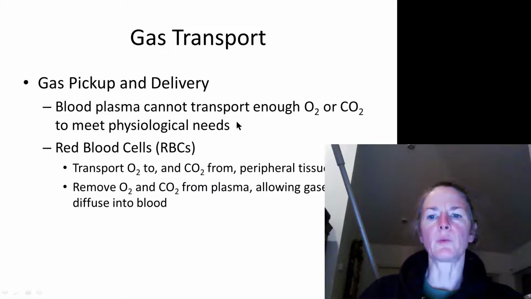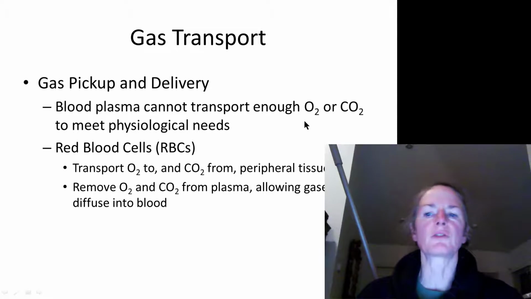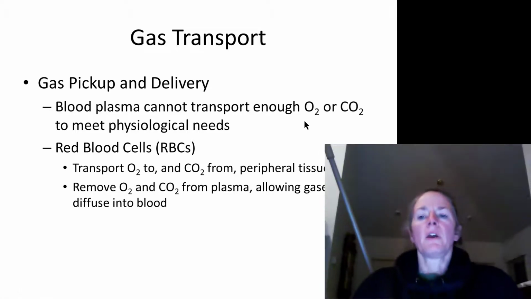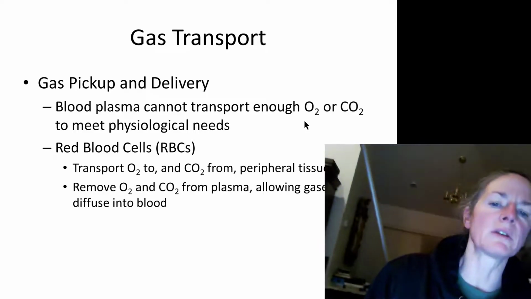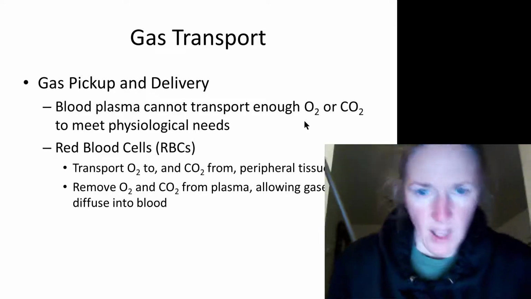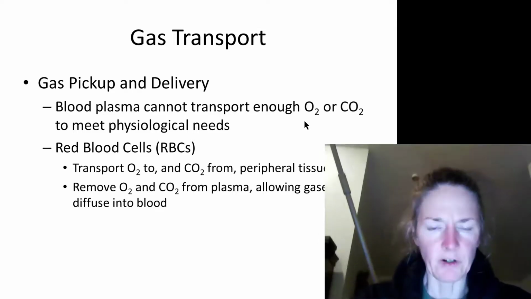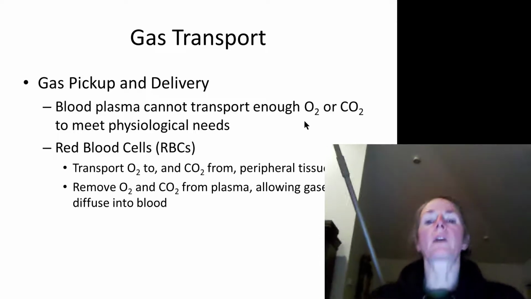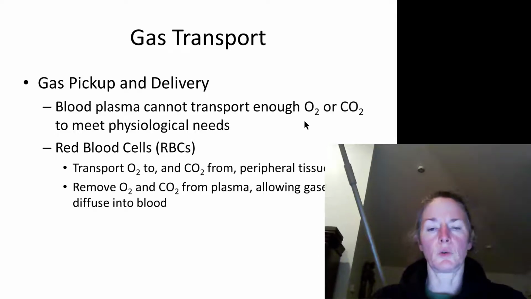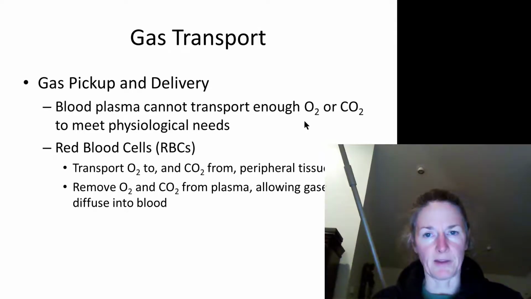All right, so as we know, blood plasma itself can't really transport oxygen or carbon dioxide very well. So this is why we have red blood cells. Red blood cells are extremely important for transporting oxygen via hemoglobin, and they're also very important in the enzymatic process to convert carbon dioxide and water into carbonic acid, which will then break down into bicarbonate ion, which will then be dissolved in plasma.